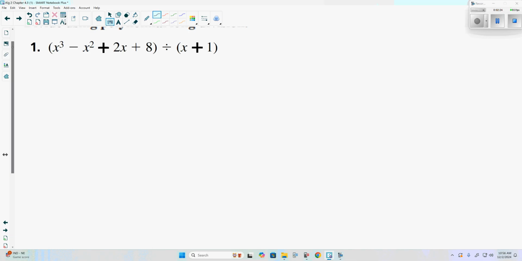Now the first thing we need to do is actually set the problem up. With long division, we have the house. There are different ways that we name it, but we start out with this here. What's being divided, our x cubed minus x squared plus 2x plus 8, goes inside.